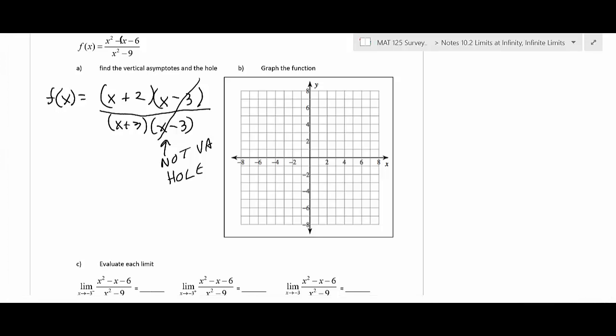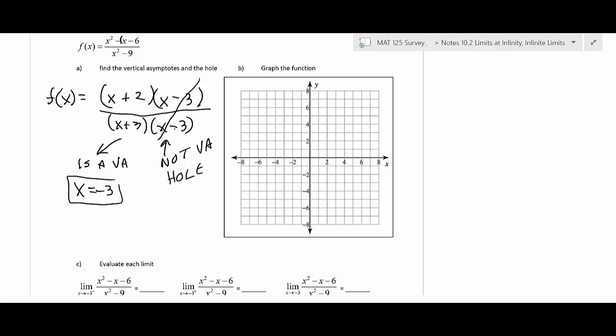It's not an asymptote. The one that's left over is a vertical asymptote. So x equals negative 3 is your vertical asymptote. The other one's a hole. That's real important. So if something cancels out, don't fall for that being an asymptote. It's just a little bubble. Graph's undefined there. Does that make sense?